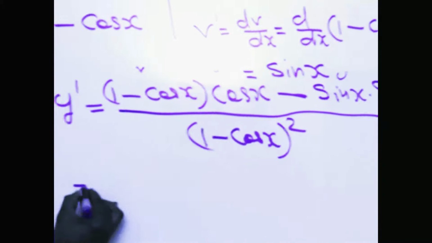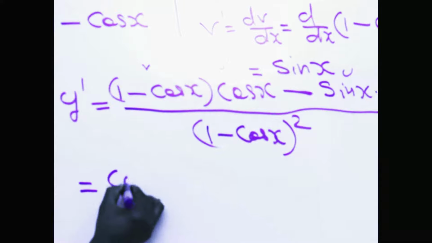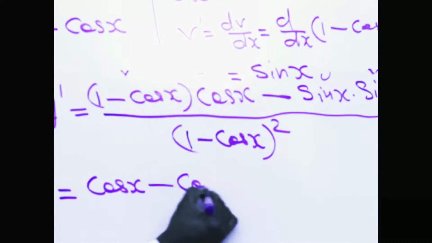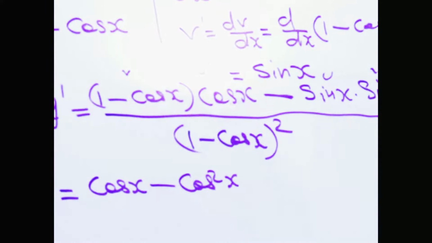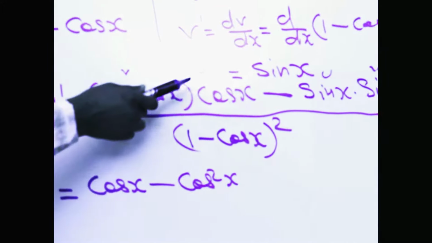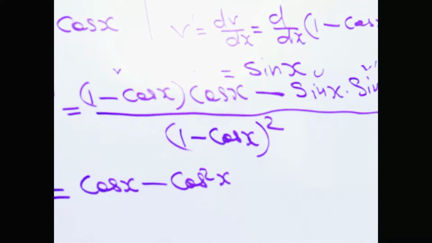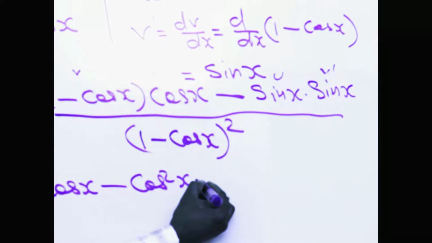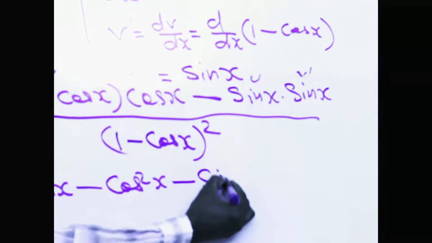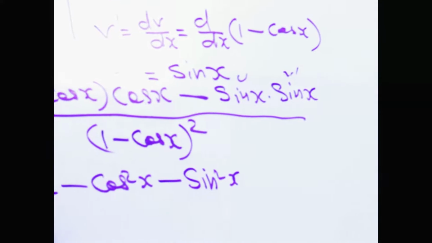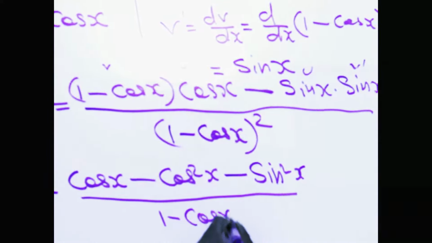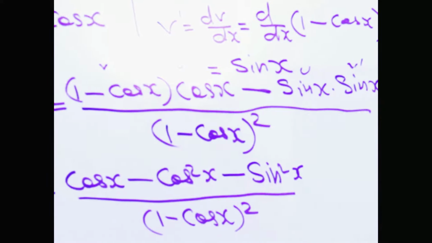Cosine x into 1 is cosine x, minus cosine x into cosine x is cos square x, minus sin x into sin x is sin square x, divided by the same denominator, 1 minus cos x all square.